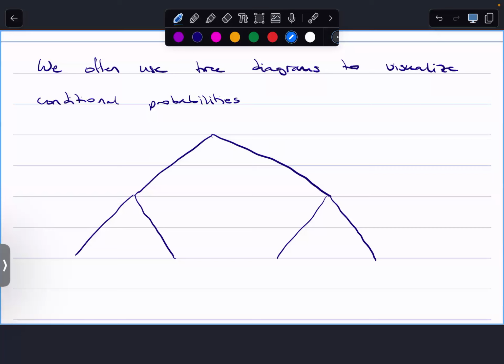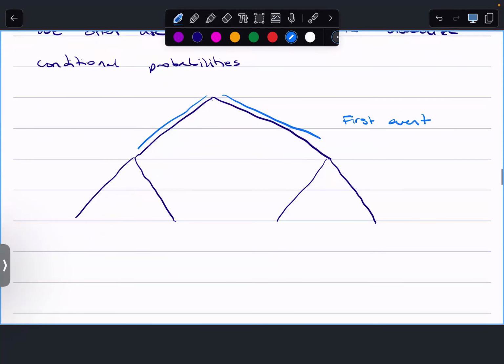Okay. So in this section here, we've got the first event. That event can be flipping a coin, right? You flip heads, you flip tails. You can only go down one of those paths, but they can both happen.